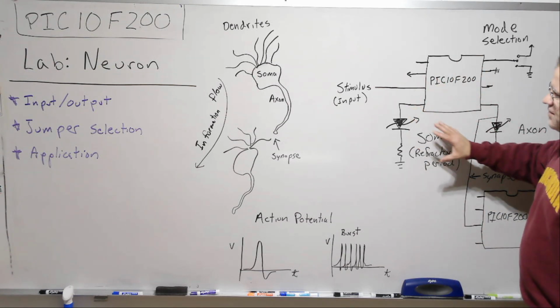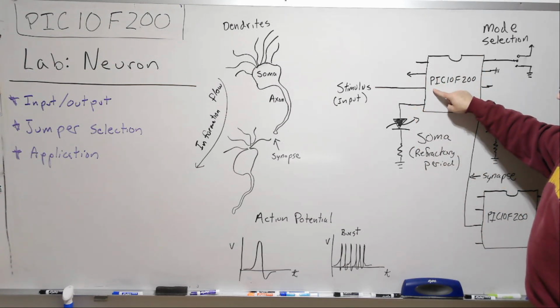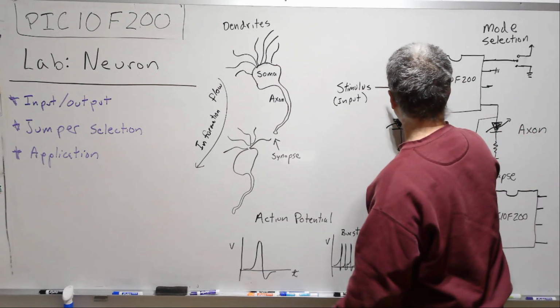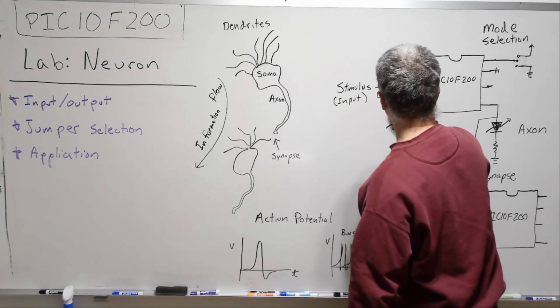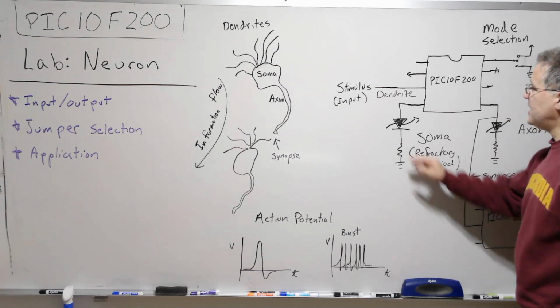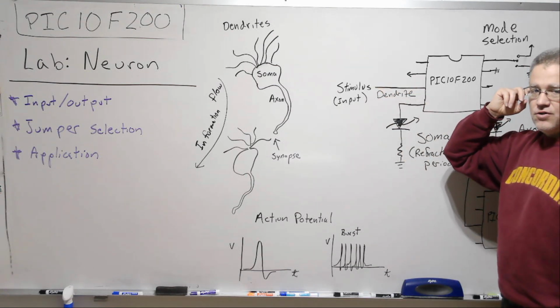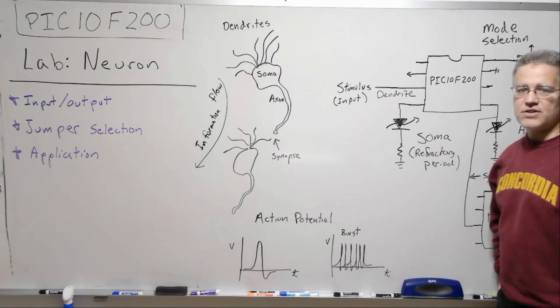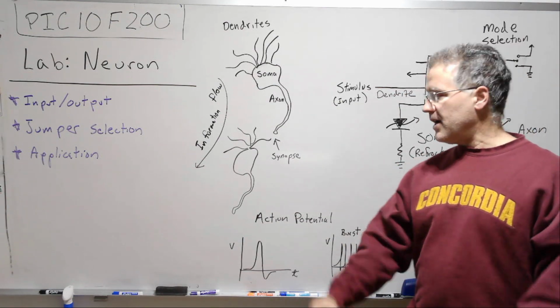The meat of this analogy starts then with GP2, which is acting as the, I should have put here, dendrite, acting to receive a stimulus. So when it's low, then there's no signal. When it's high, then there's a signal coming into the neuron.